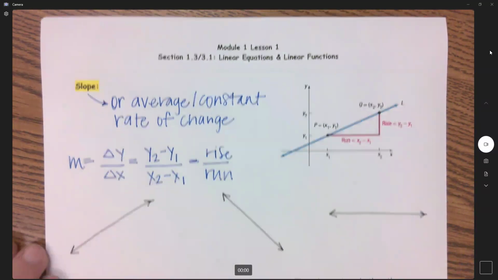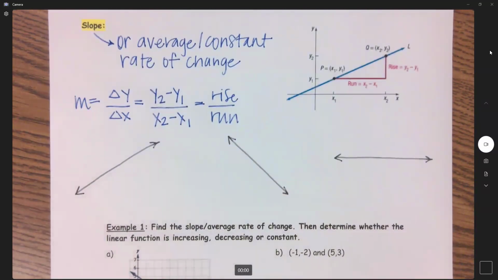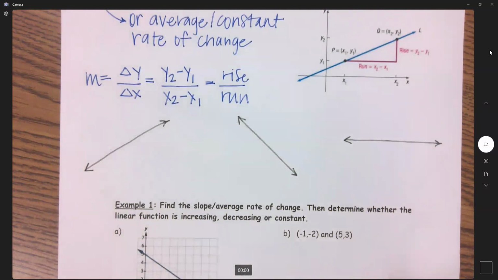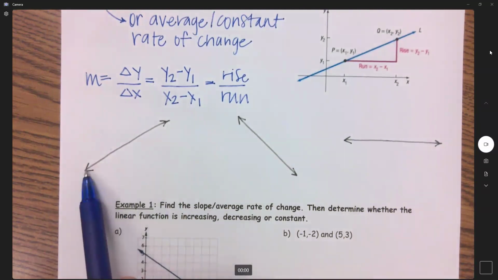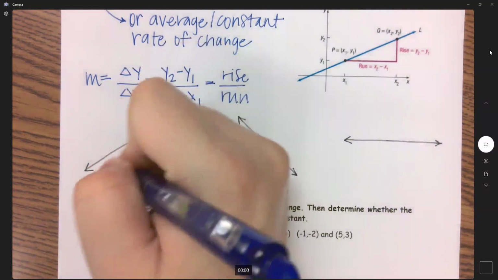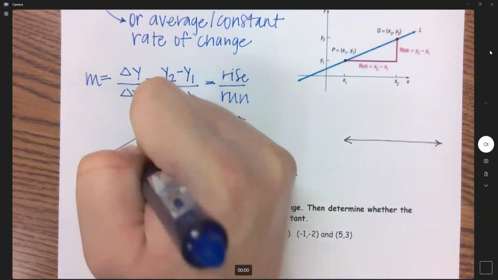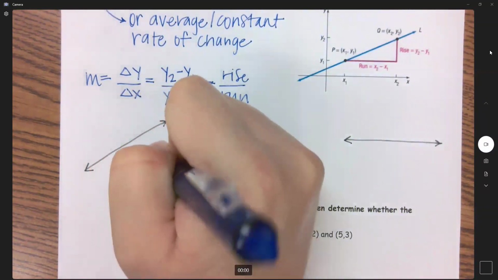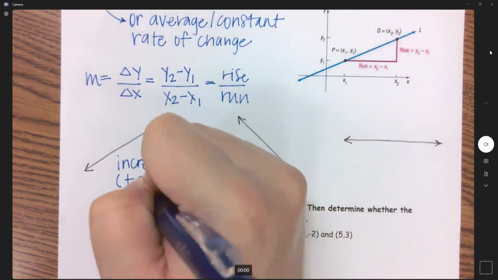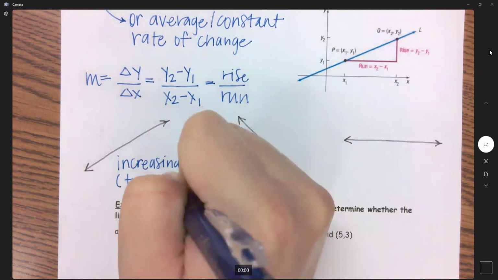Okay, so we have 3 different types of slope that we're going to go over in this lesson. Because we are focusing on functions here, we don't have any vertical lines. But if my line is going up as you move from left to right, this is an increasing slope, and increasing slopes have a positive slope.